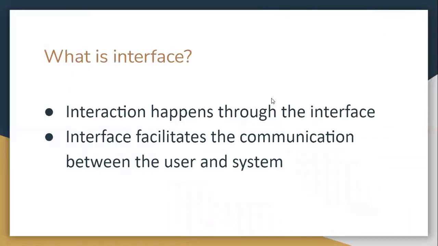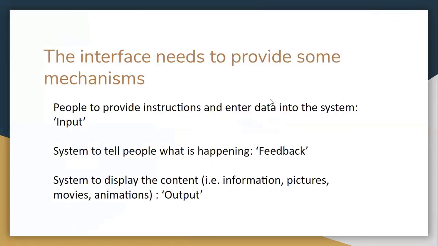Firstly, let's see what the interface means. Interaction happens through the interface. The interface facilitates the communication between the user and the system. The interface needs to provide some mechanisms. I think you know these: input, feedback, and output.